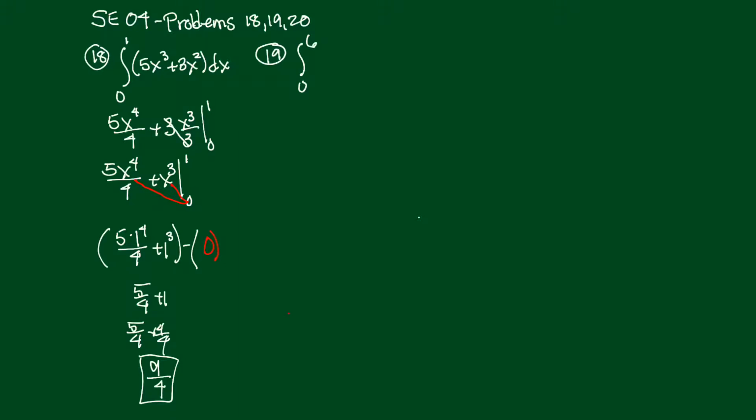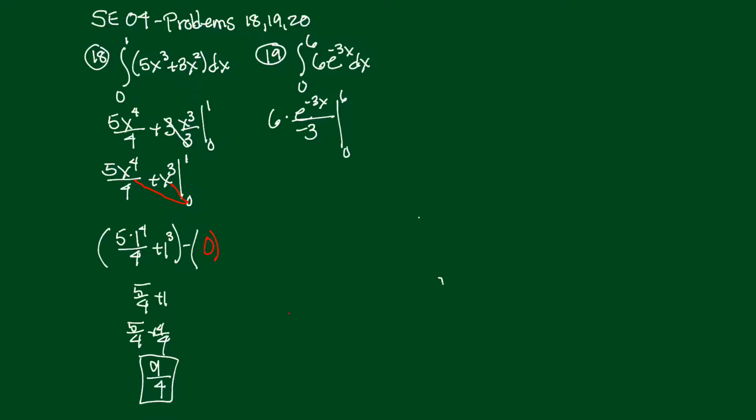So in number 19, we're going to evaluate the integral from 0 to 6 of 6e to the negative 3x dx. Now that 6 is going to come along, and what do we get here for e to the kx? We just bring the multiplier down as a divisor, so this is going to be the function itself, e to the negative 3x, divided by that constant, and we're going to evaluate this from 0 to 6.